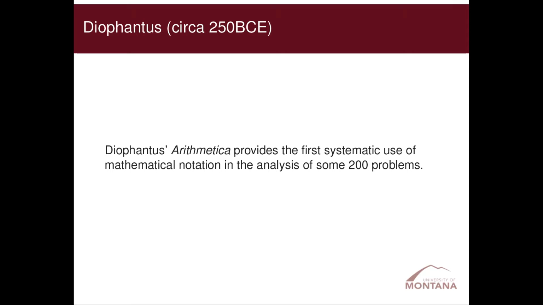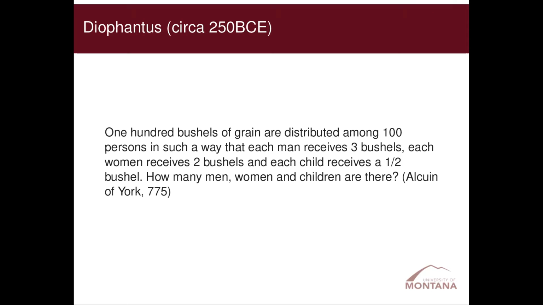We know that it was larger than what survives based on other people's writings, but the 200 problems that do come to us in the modern era give evidence of the rise of the use of mathematical notation for the first time in the historical record. The fact that most of the instruction in Arithmetica comes in the form of problems is something that continues in the historical record of mathematics.